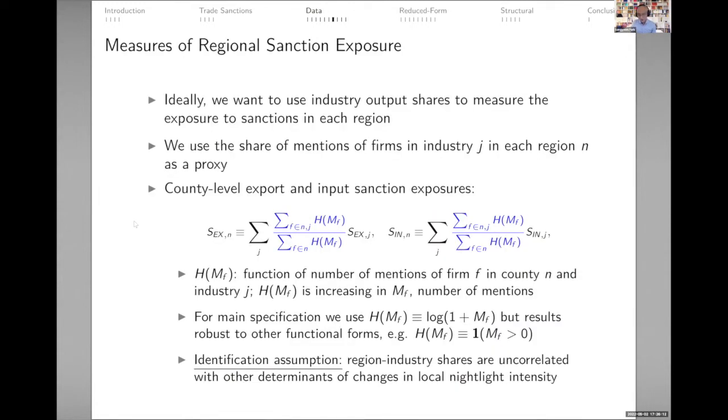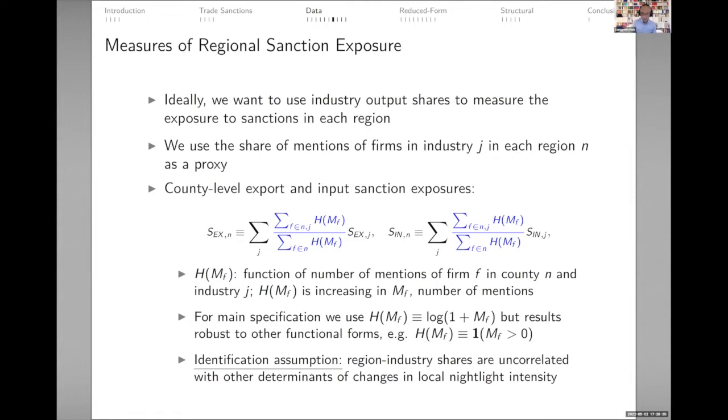So using the industry level sanction index, we can construct a regional sanction exposure measure. Ideally, we would want to have some data on the industry output share at the county level. We don't have that, so we're going to use the share of mentions of firms in a given industry in each county as a proxy.